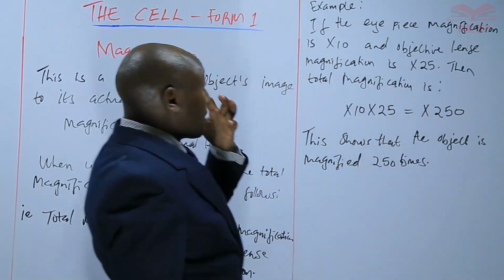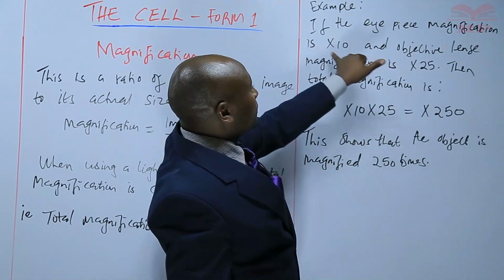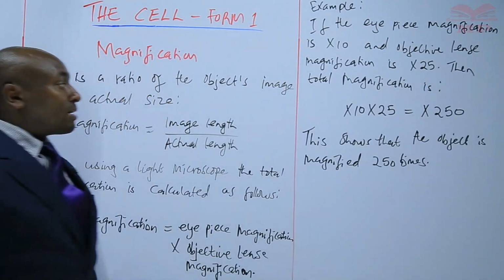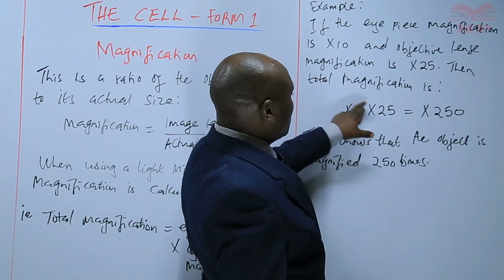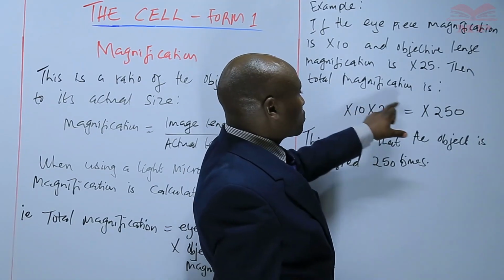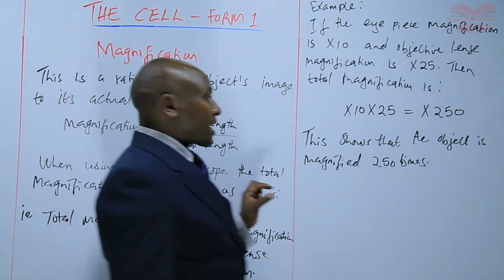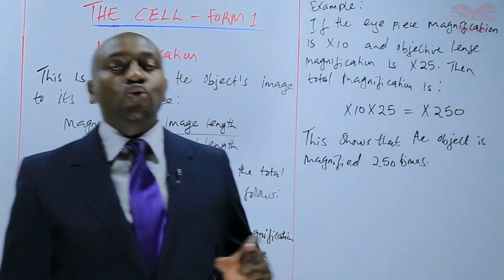and this times 250 is arrived at by multiplying times 10, which is the eyepiece magnification, with times 25, which is the objective lens magnification, and in total we get times 250. We don't just write it as 250, we write it as times 250 because that value has no units.